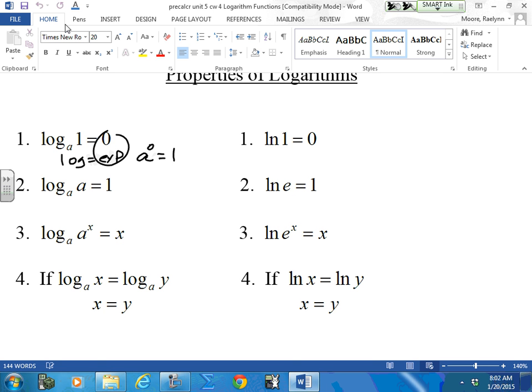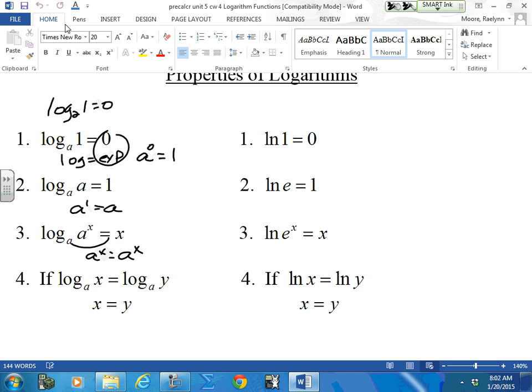So any base, log base 2, log base 10 of 1, is 0. Any base that I put to itself, a to the 1, that makes sense, right? A to the 1 is still a to the 1. A to the x equals a to the x.